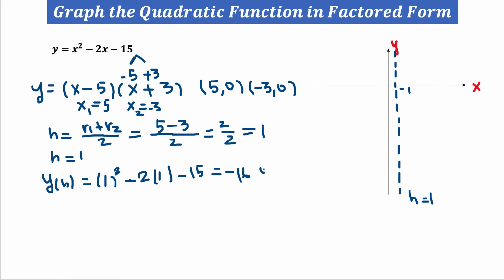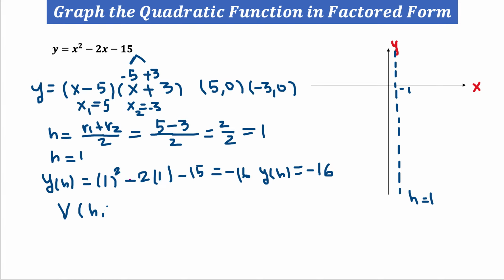So y of h, let me write here y of h separately. I don't have difficulties to find it, it is equal to minus 16. So that's what it is. And now I'm writing the vertex. The vertex now is going to be h. Let me write the whole formula.